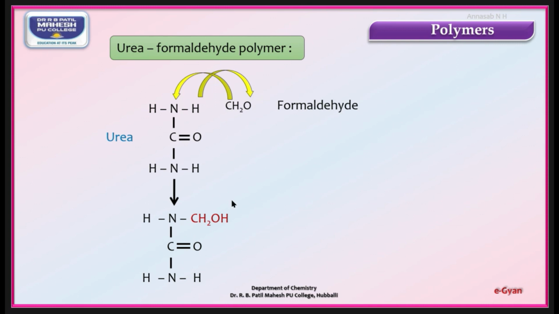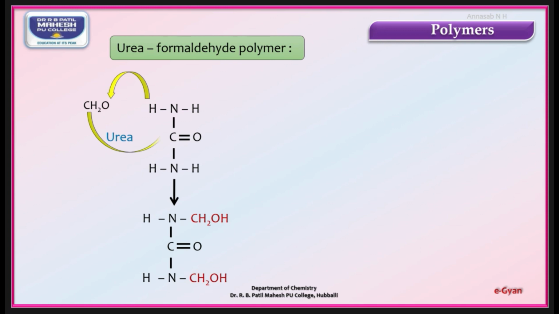Such NCH2O groups can be formed with the other 3 hydrogen atoms which are linked to different nitrogen atoms. So the process continues. There is a formation of CH2O. Now for the third one, a hydrogen atom attaches to CH2O, and the carbon atom takes it, forming CH2OH. And for the fourth one, the last one, the hydrogen atom binds to CH2O, and the CH2OH which is formed binds to the nitrogen atom.